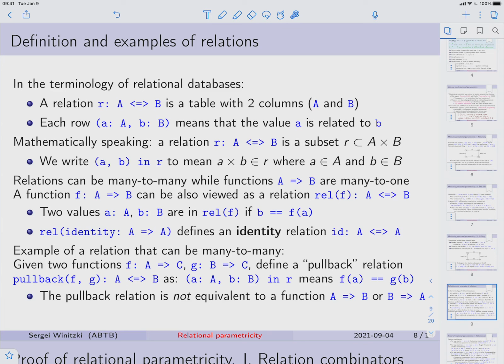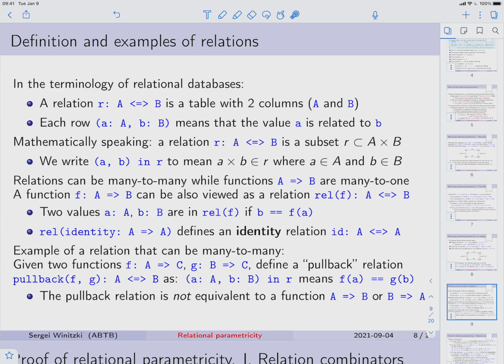And one row of the table, you can imagine, has one value of type A and one value of type B. So having this row means that the value A and the value B are in the relation R. So they are in the table, and the table is a relation. And so the values A and B are in the relation R. So R is the name of this table. That's how relations are interpreted in terms of relational databases.